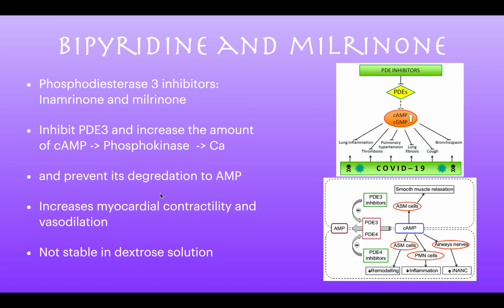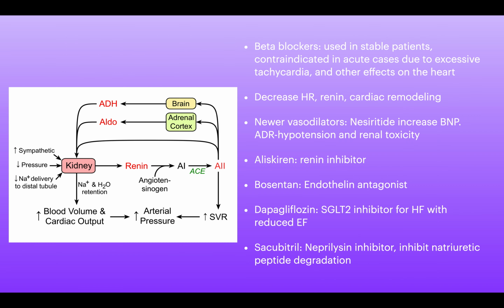So it's going to increase the myocardial contractility and the vasodilation. So smooth muscle cells are going to be relaxed, going to decrease inflammation, and it's also going to decrease remodeling. So pretty good. However, it's not stable in dextrose solution, so you do have to be mindful of the routes.